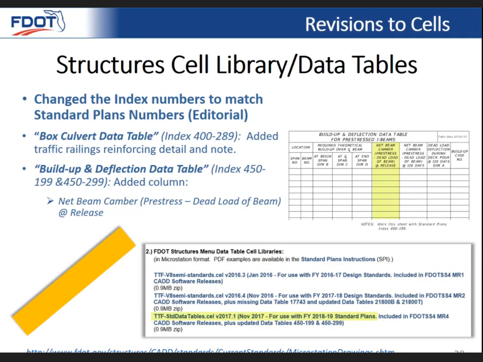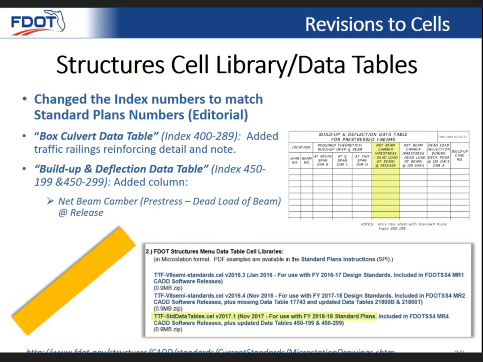As far as the data tables, which are included in the structure cell library, the one significant change has been the addition of a new column to the build-up and deflection tables for the I-beams and the U-beams to note the expected net beam camber at release.